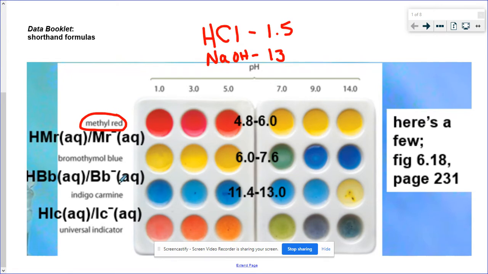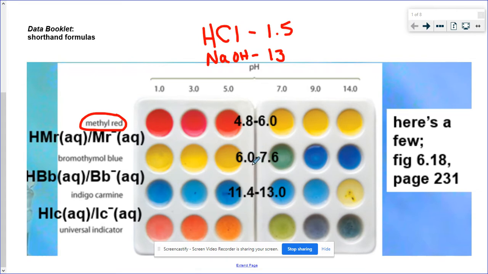Now, bromothymol blue will change from yellow to blue in a pH range between 6 and 7.6. So if I use the same examples, if I put bromothymol blue in hydrochloric acid, it's going to be yellow. If I put bromothymol blue in NaOH, it's going to be blue.